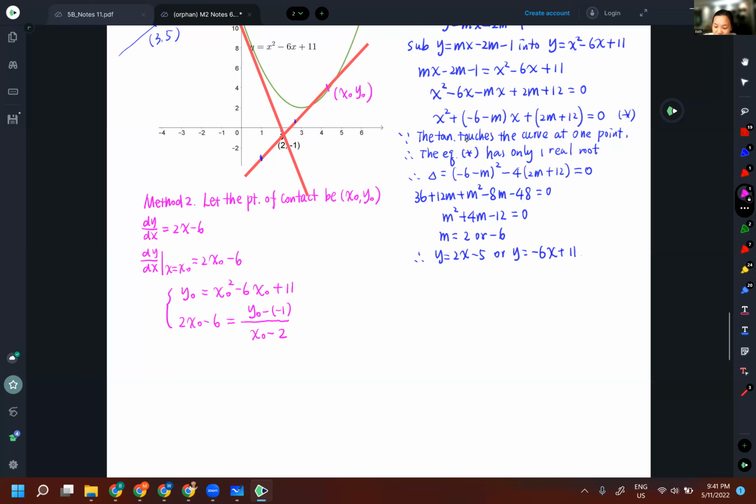Now, solving. y0 plus 1 equals 2x0 minus 6 times x0 minus 2. That means y0 equals 2x0 squared minus 10x0 plus 12 minus 1, which gives 2x0 squared minus 10x0 plus 11.